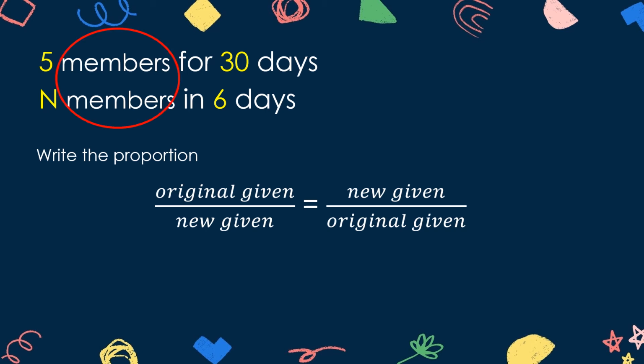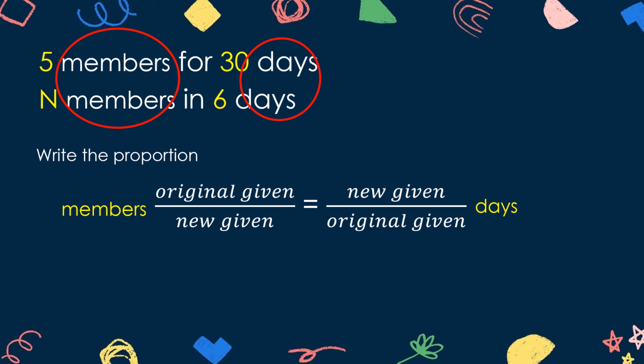Then, take note of the two quantities being compared in the proportion. So we have there members as the first quantity and days as the second quantity. And then, decide where you will put each quantity. For instance, we put members on the left side while days on the right side.